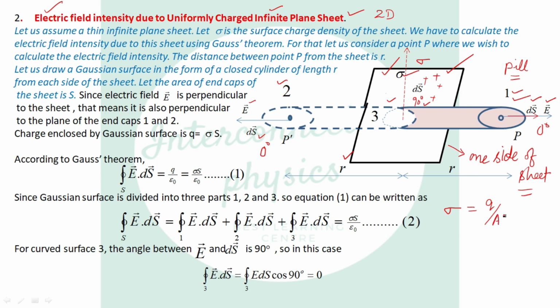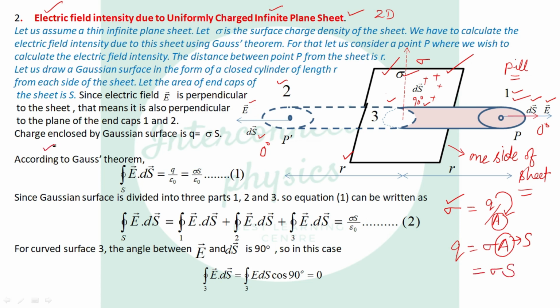It means we can calculate the charge per unit area, but we cannot calculate the charge over the whole area of the sheet. So we take the help of sigma. If sigma equals Q divided by A, then Q will be sigma into A. Here A is considered as S. You write sigma into S.